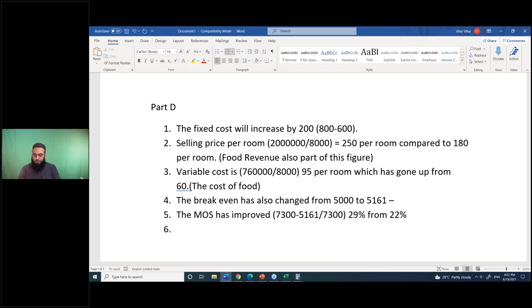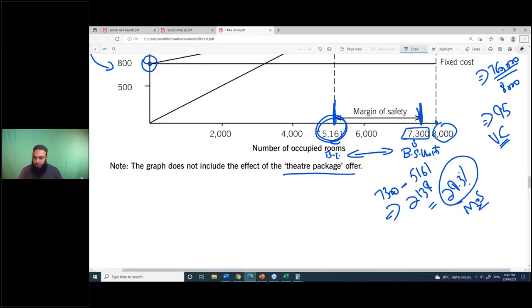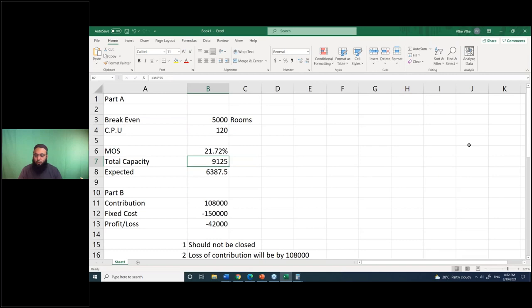Okay. The occupancy has also improved or will also improve. 7300 now divided by how many rooms were available previously? Total capacity was of 9125.